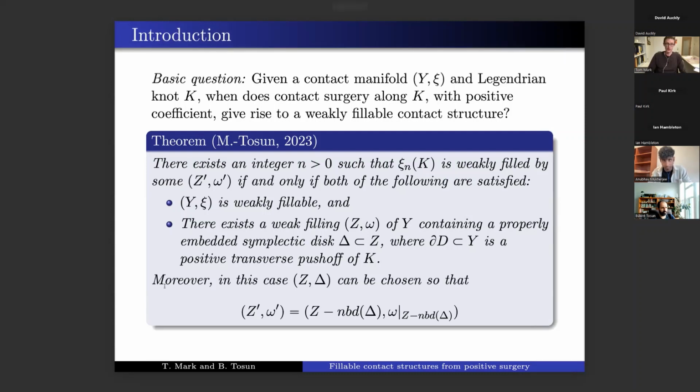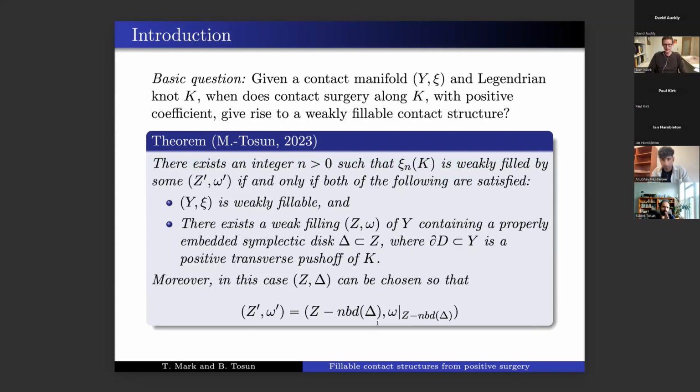And moreover, it turns out that your surgery has a weak filling in such a way that, in fact, your slice disk for the original knot can always be chosen so that the complement of a suitable neighborhood of the slice disk gives rise to the filling for your surgery. So every filling of the surgery is obtained as the complement of the neighborhood of the slice disk.